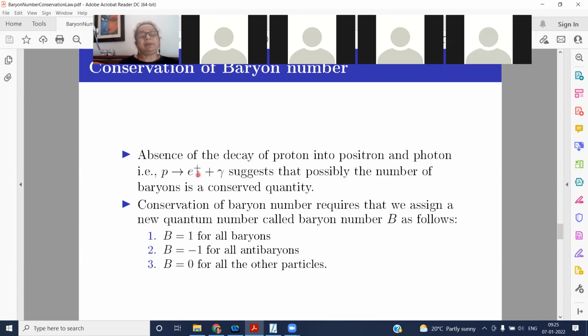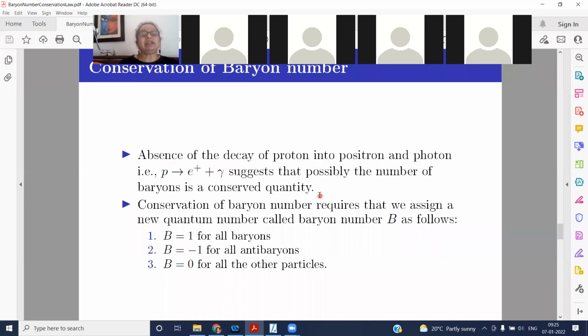No. E plus is an anti-lepton. Photon is not a baryon, correct? So the left hand side has a baryon, the right hand side has no baryon. So we will say that the number of baryons may be conserved.